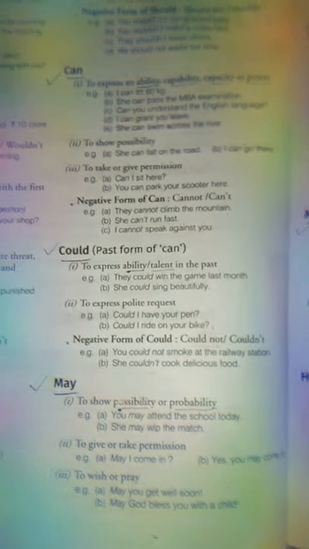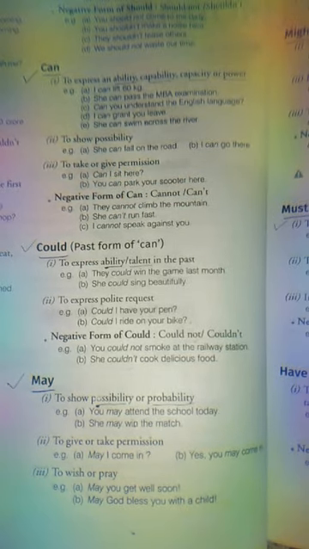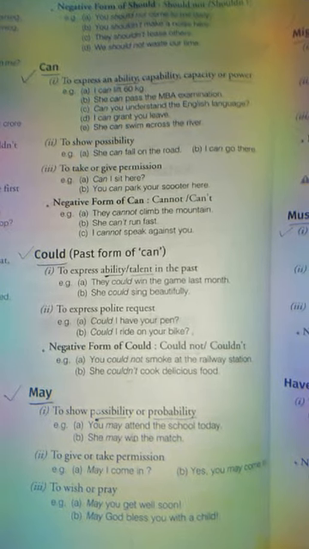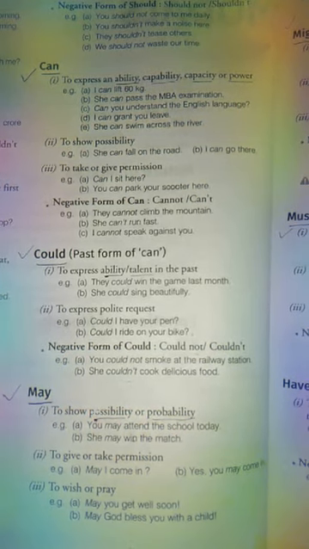Now in this category, the other modal auxiliary verb is can. Very, very important. Can is basically used to show one's physical capability, ability, strength, working capacity or power. I can lift 60 kg. She can pass the MBA examination. Can you understand the English language?